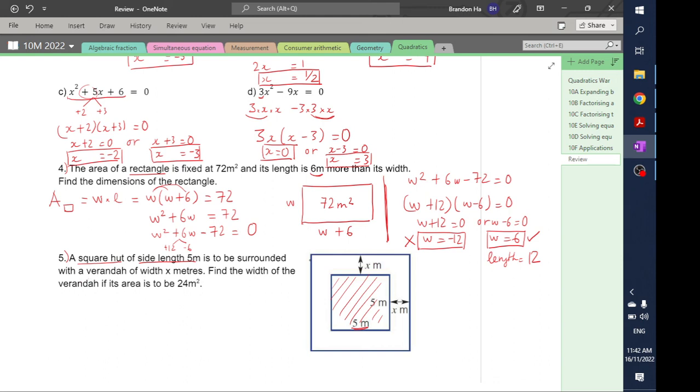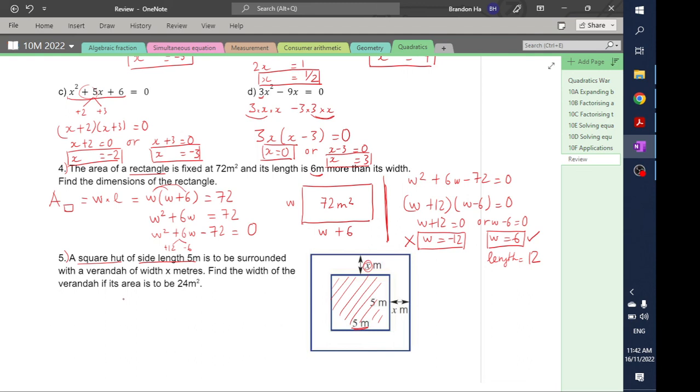Some kind of fence of width x meters. That's kind of like the width of, what is that? It's like pavement or something. Yeah? It's not a fence. Find the width of the veranda if its area is to be 24 meters squared.